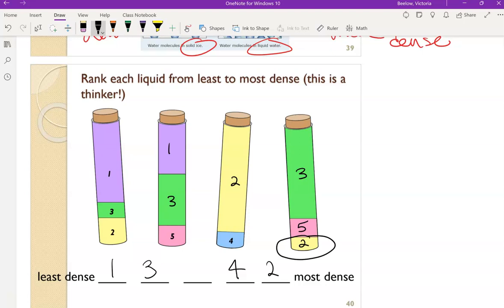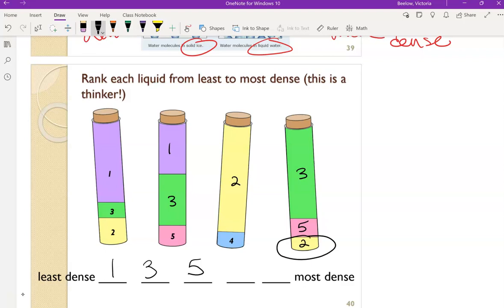And then 5 here is going to be less dense than number 2. But 2 has to be, hold on one second. Oh, I'm sorry, 2 doesn't go there. So 1 has to be the least dense, followed by 3. And then 3 is less dense than 5. And 5 is less dense than 2. And then 2 is less dense than 4.